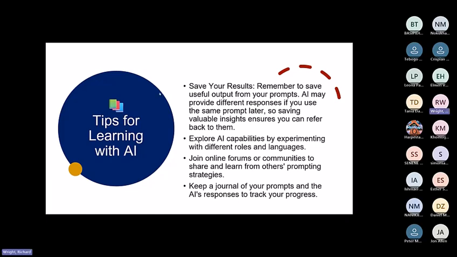As we mentioned as well, save your results. You never know when you're going to need that specific prompt. A good example that I saw, especially if you don't have access to paid versions: in the paid versions, you can create almost like a project plan where you give it a lot of information already.